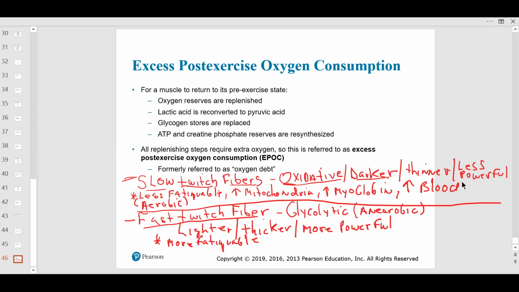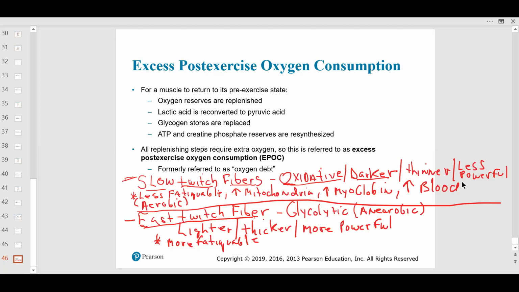More fast twitch or slow twitch fibers? Which one do you think? Is it fast? Yeah, for sure. So fast twitch fibers are recruited more for your power movements or your short duration.